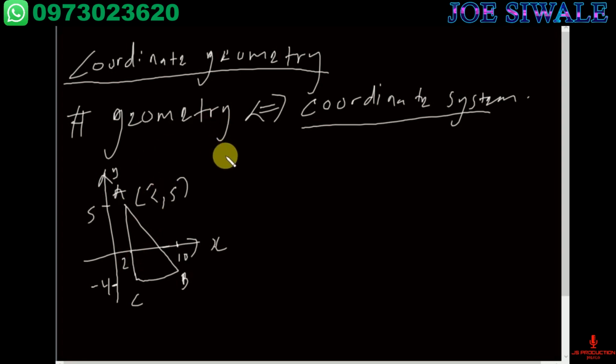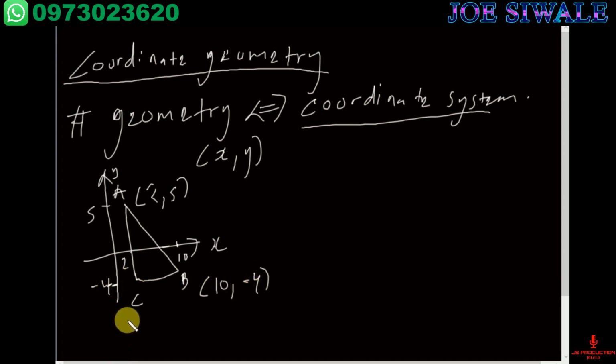So the general rule when finding the coordinate of each point is that you give the x coordinate, then you give the y coordinate. Let us identify the coordinate of B. The x coordinate is 10, the y coordinate is -4. What about C?